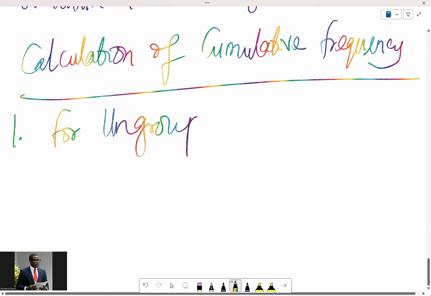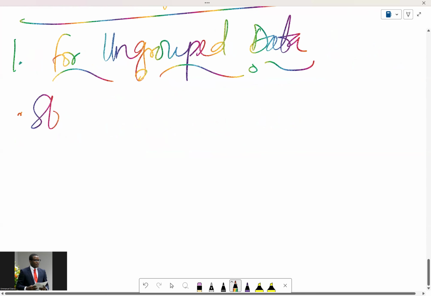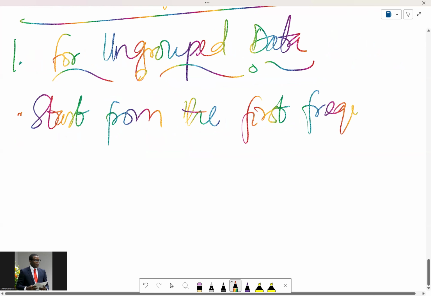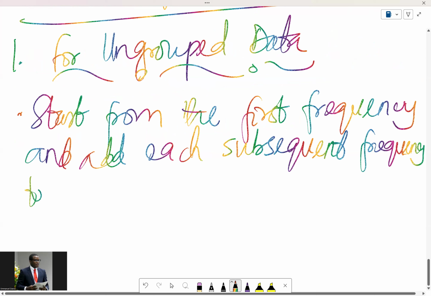For ungrouped data, what we need to do is start from the first frequency and add each subsequent frequency to the total. That's the previous total, so to speak.